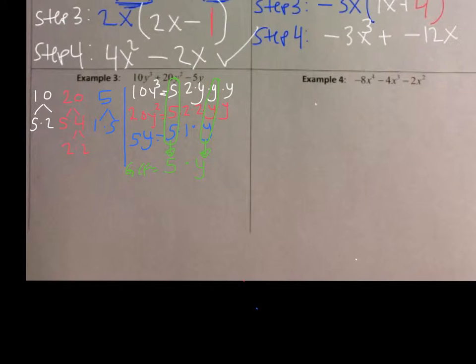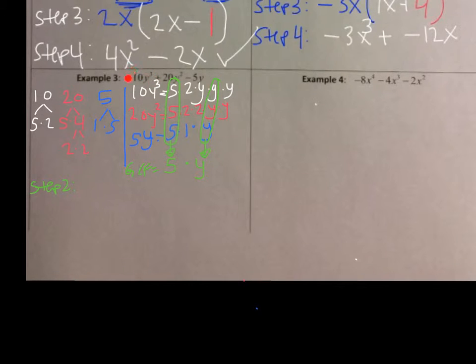Alright, step number 2. We are going to write the terms as a product by using the greatest common factor. So let's write this polynomial by taking this factor out.